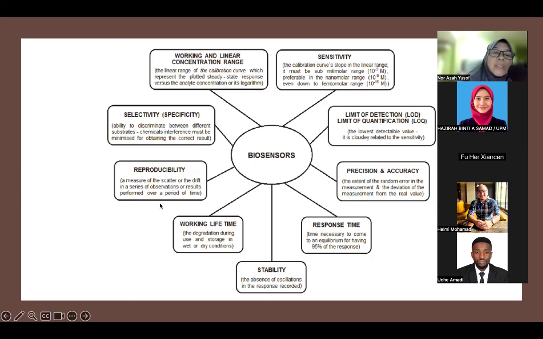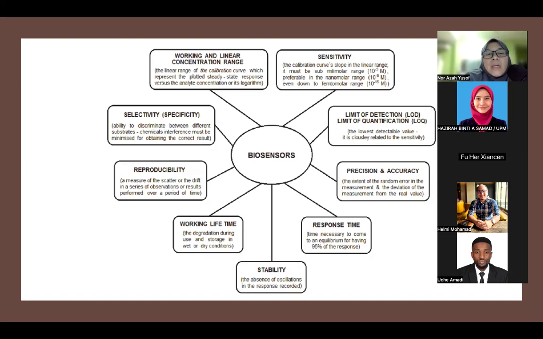So reproducibility is measuring the quality of the sensor once we do the regeneration. If we are able to regenerate the sensor, we have to check whether we will get the same response, the same signal, after being used a few times. So it depends on how many times we can use it and what the degradation of the sensor is once we regenerate, right?